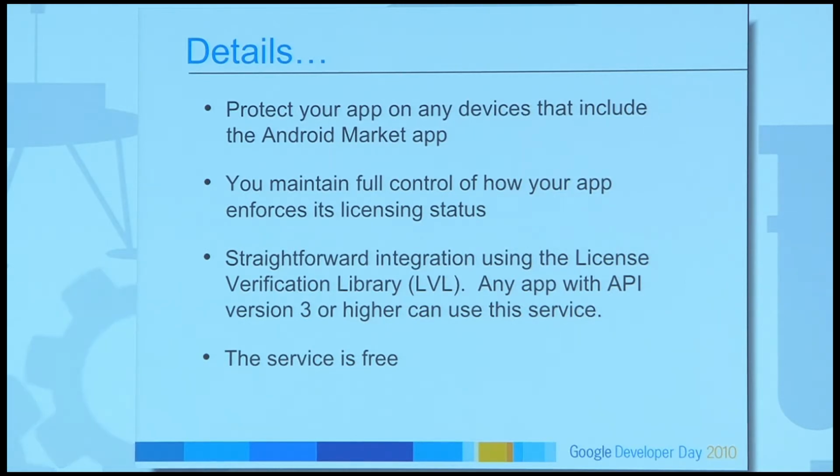And as a developer, you maintain full control of how your application enforces its licensing status. The integration itself is pretty straightforward using our license verification library. Any apps with API version 3, which is Android 1.5 or higher, can use this service. And best of all, the service is free, available to all of you.